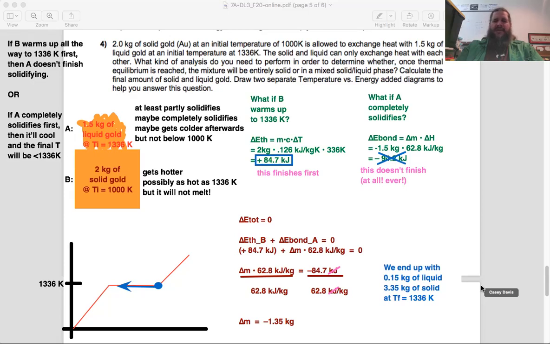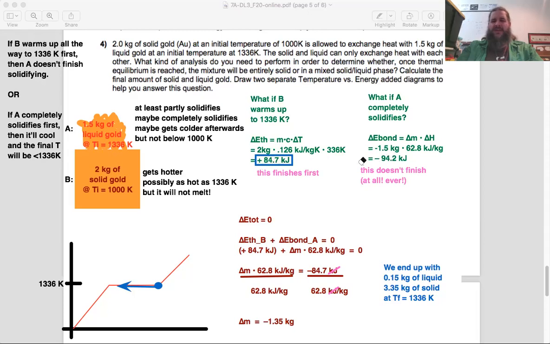Any other questions on that? I had a quick question. So for the E-bond energy, it doesn't finish because it's a negative value, or? It's more that it doesn't finish because there's not enough energy transfer to do so. The positive and negative don't really matter here.